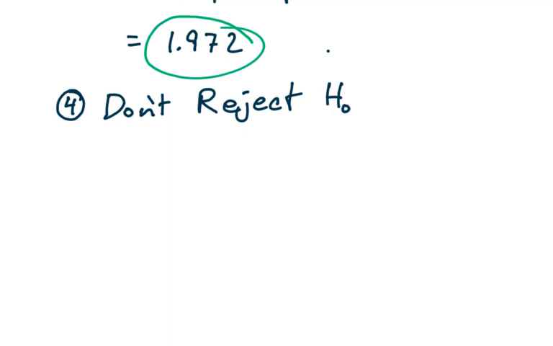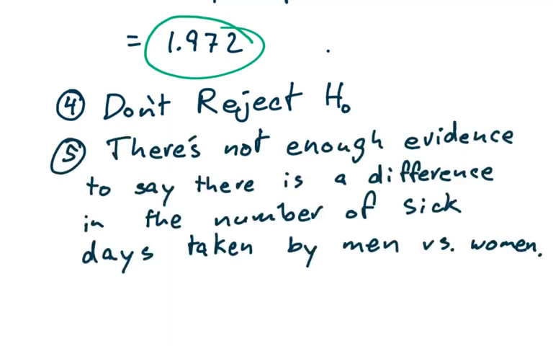We can kind of trap it in between two different values. We can't know its exact size, but at least we can compare it in that way. We don't reject H subscript 0, so that means there is not enough evidence to say that there is a significant difference in the number of sick days that men take versus the number of sick days that women take.